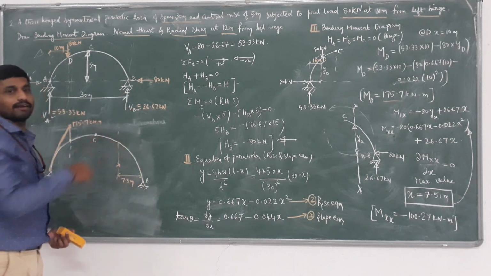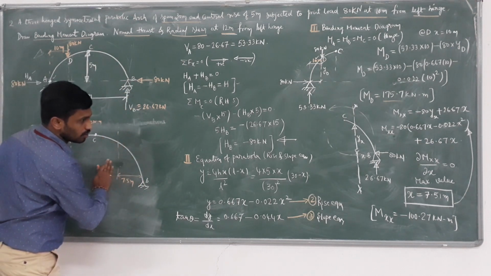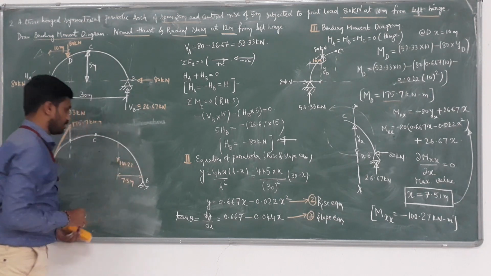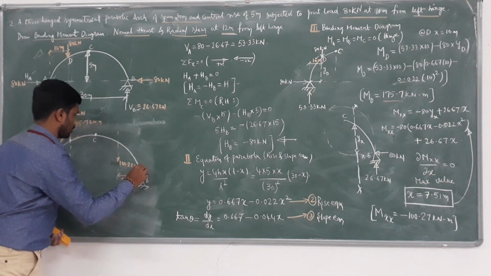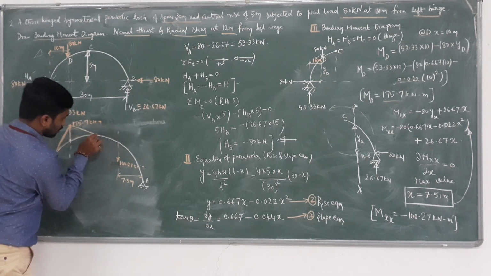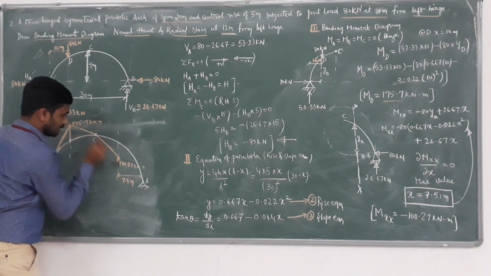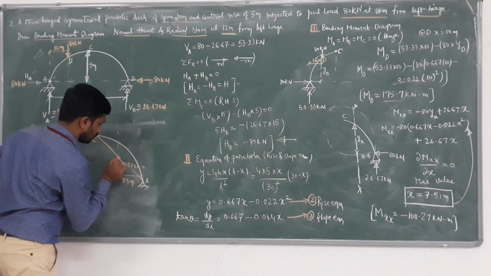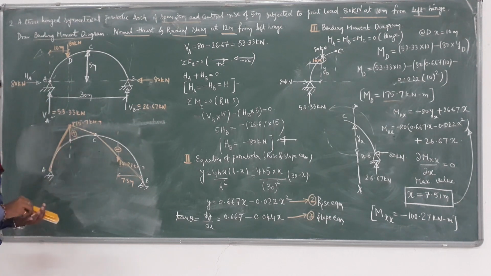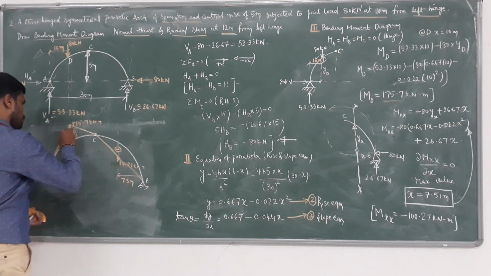Plot below the segment. What is the value? 100.27 kilonewton meter. So you just come to 0 linearly. Once again there is no load. Come linearly and join to 0. This is negative, positive.